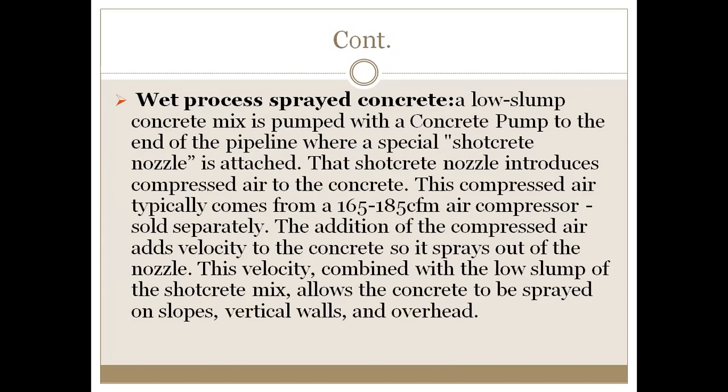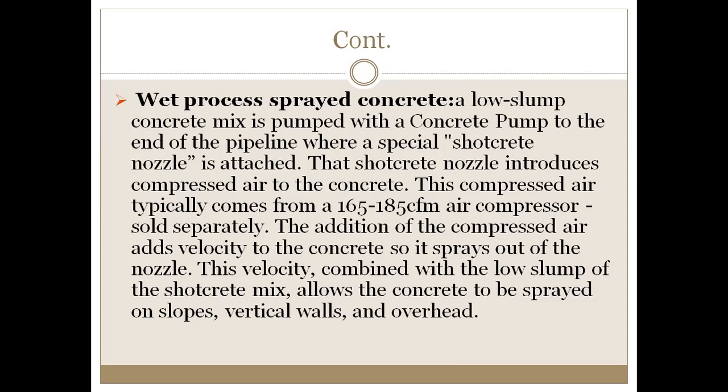Number two, wet process sprayed concrete. A low slump concrete mix is pumped with a concrete pump to the end of the pipeline where a special shotcrete nozzle is attached. That nozzle introduces compressed air to the concrete. This compressed air typically comes from a 165 to 185 CFM air compressor, sold separately.